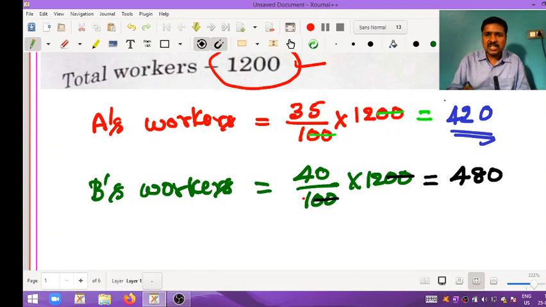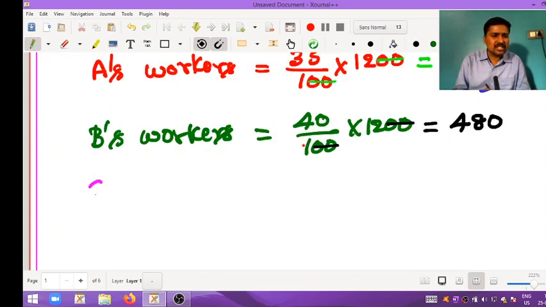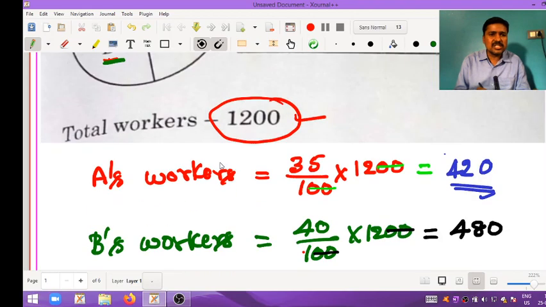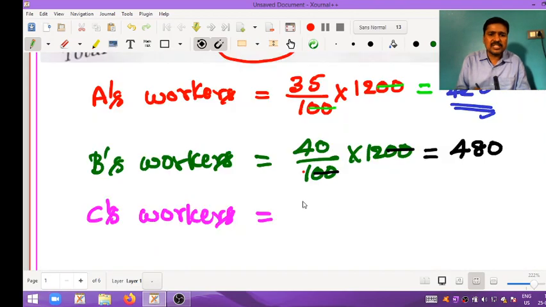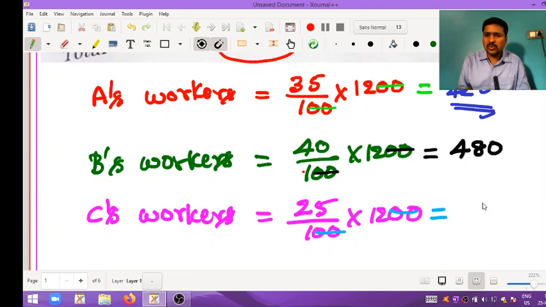Next, company C workers. C's number of workers: 25% is there. So 25 by 100 into total workers 1200. Two zeros cancel. 25 into 12 is equal to 300.